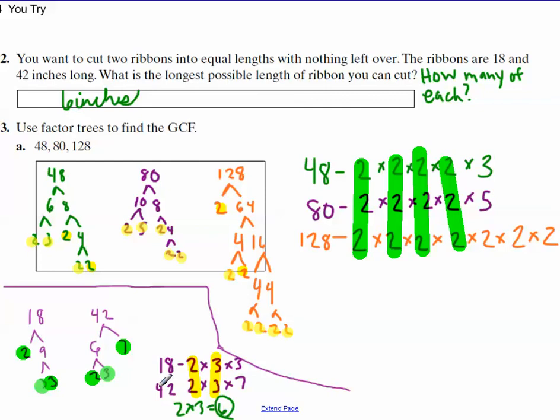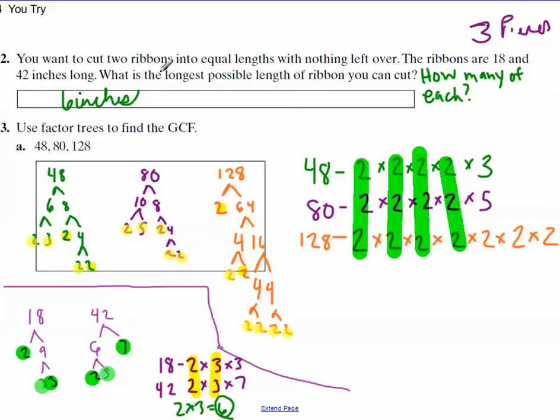Prime factorization for 42 was 2 times 3 times 7. When I multiply my common factors together, I get 2 times 3, which is 6. So the longest possible length of ribbon I can cut is 6 inches. Bonus question: how many pieces will I get out of the 18 inches? If each one is 6 inches, I'm going to get 3 pieces.